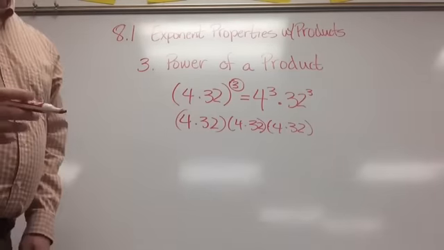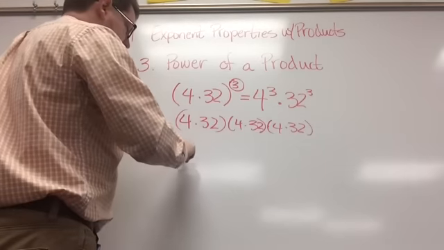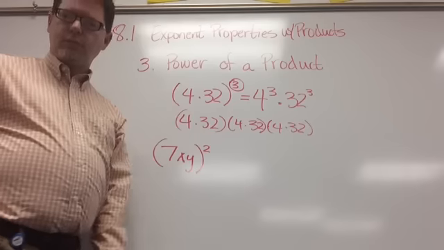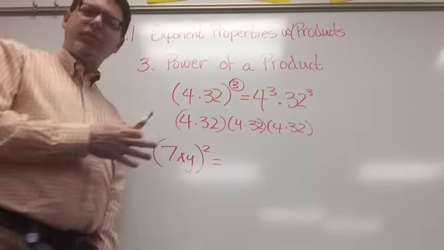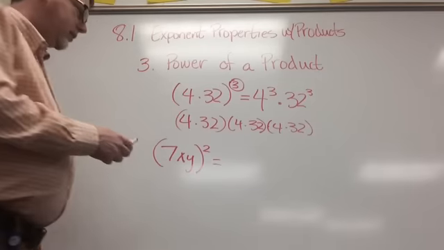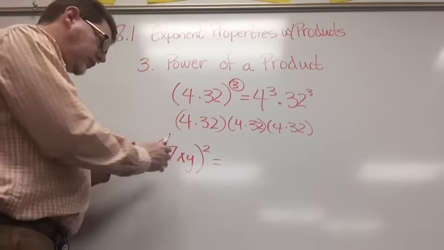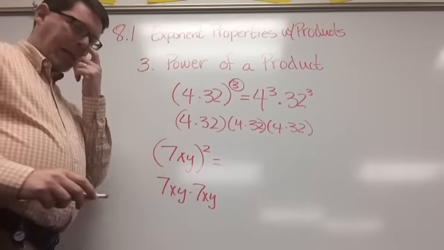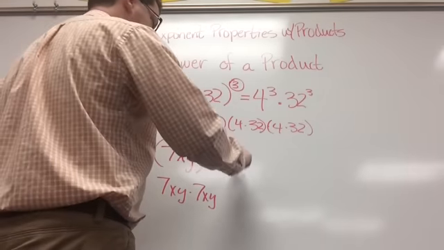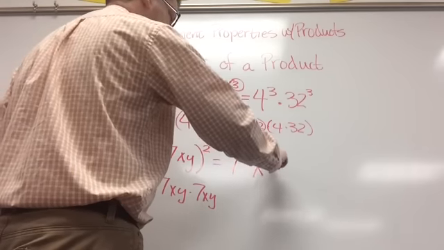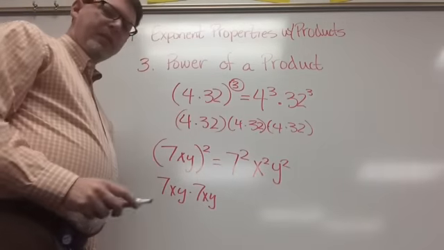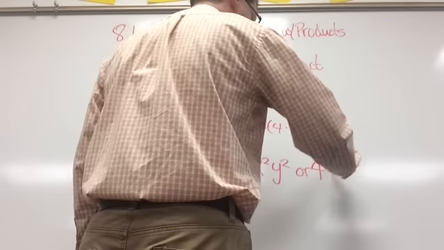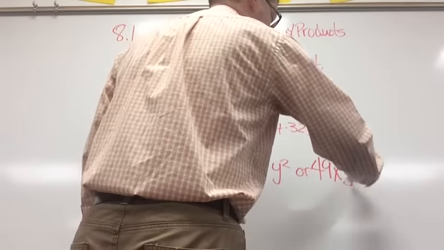Let's look at another example. Let's do 7xy squared. How would I deal with this one? How would I simplify this? 7xy times 7xy is the same as 7 squared x squared y squared, or you could go ahead and say 49x squared y squared.